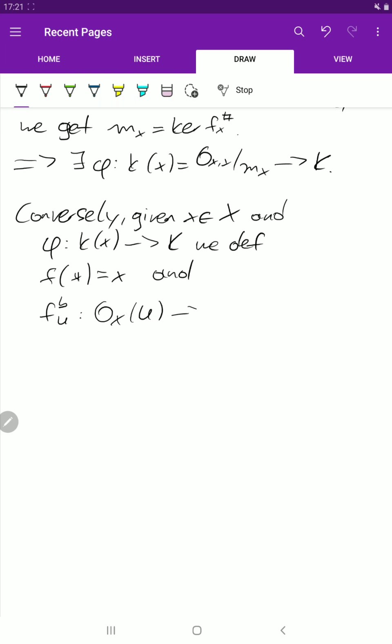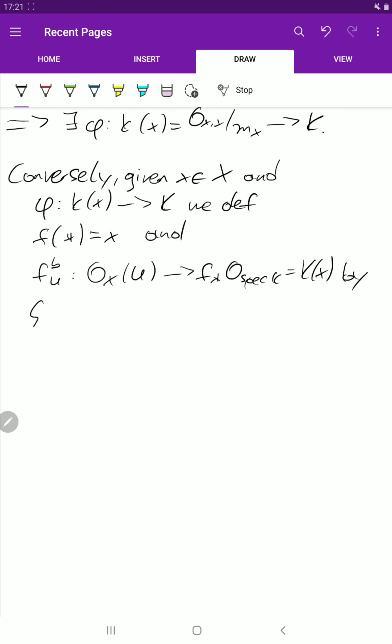We need a map into here, and again by the remark before, that's a skyscraper sheaf. And now we set this morphism of sheaves to be 0 if x is not in U. And what does it do if it's in U?